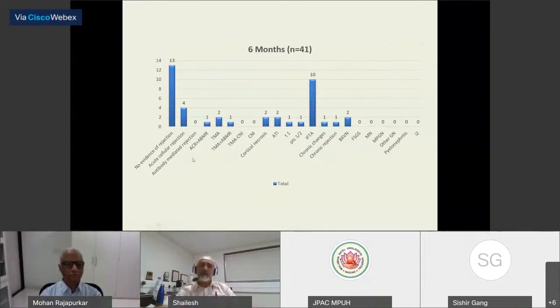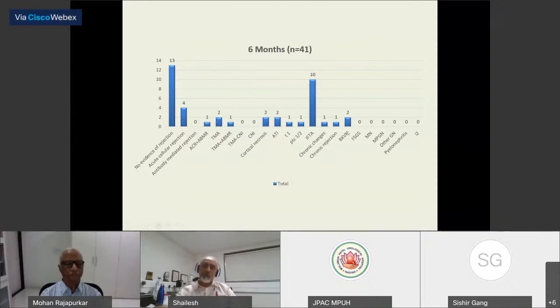From 6 months to 1 year onward, the most common feature shows chronic changes in the form of IFTA, that could be of donor origin or a sequela of a previous rejection process, tubular injury or any other kind of injury to the graft.